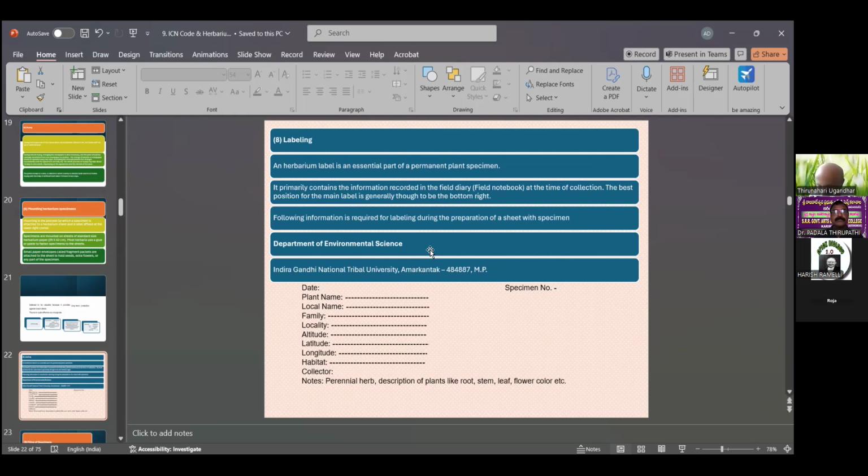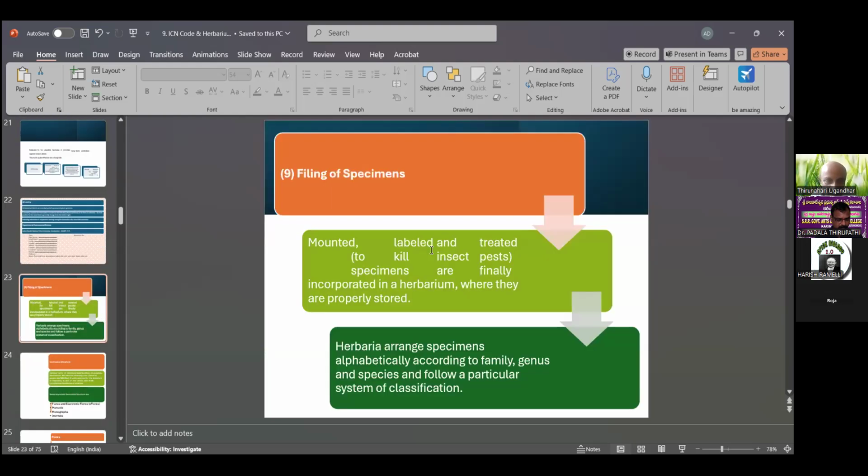Then the date, plant name, local name, family, locality, altitude, latitude, longitude, habitat, collector name, notes, and description of plants like root, stem, leaf, flower, color, etc. Also the specimen name or specimen number. This is the complete process for the preparation of the herbarium.